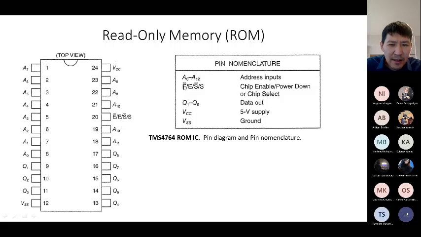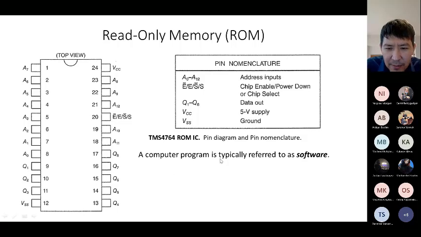So you can activate by low, which means E, or you can activate by high. It means chip enable and chip select. For example, if we give low, it means chip enable. If we give high, it means chip select or power down.